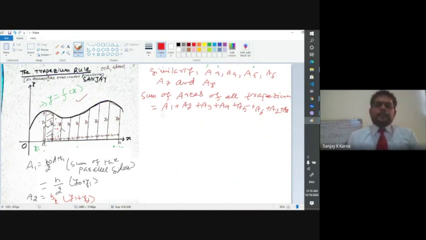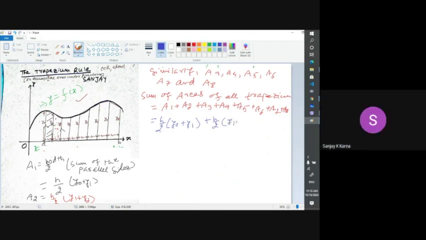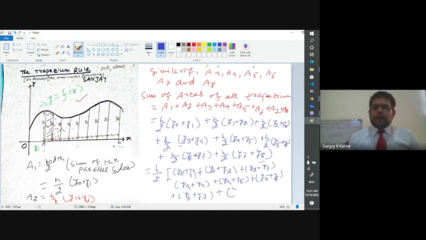Okay, so after this step, the area of the first strip has h by 2, and the area of the second strip also has h by 2. So h by 2 will be common from the formula for the area of each trapezium here. We take out h by 2 common: h by 2 times (y0 plus y1) for the first, that is a1, and then h by 2 times (y1 plus y2), and so on, up to y7 plus y8.